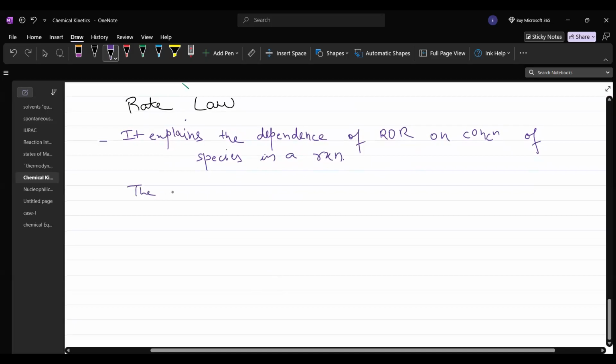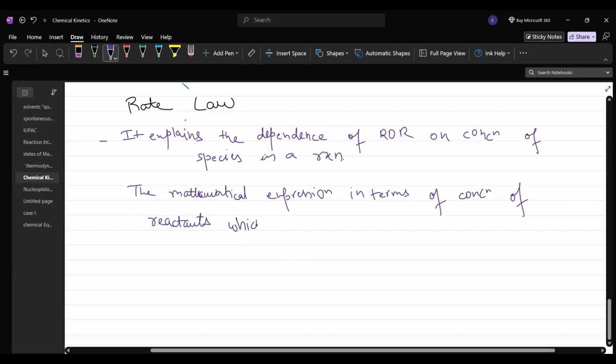So we have to understand the mathematical expression in terms of concentration of reactants, called rate law expression.